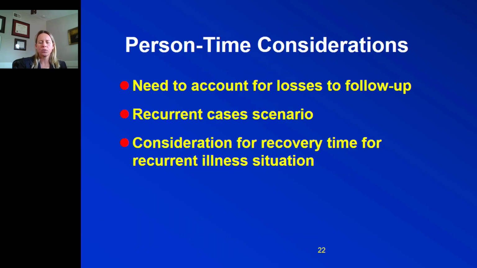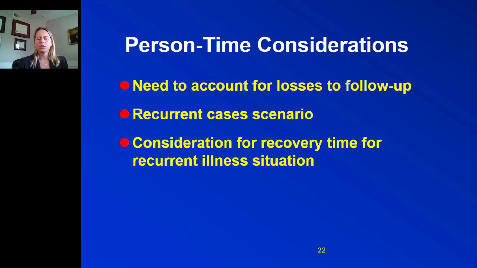So, some considerations when calculating person time. It's important to account for subjects who become lost to follow-up. We usually do what's called censoring them at the time they are lost to follow-up, but we still include their person time in the denominator, though they're not counted as a case in the numerator. There are also times where you have a recurrent case scenario, so you're dealing with a disease that's recurrent, and in that instance you're going to account for multiple events, often for the same individual, and that's okay.